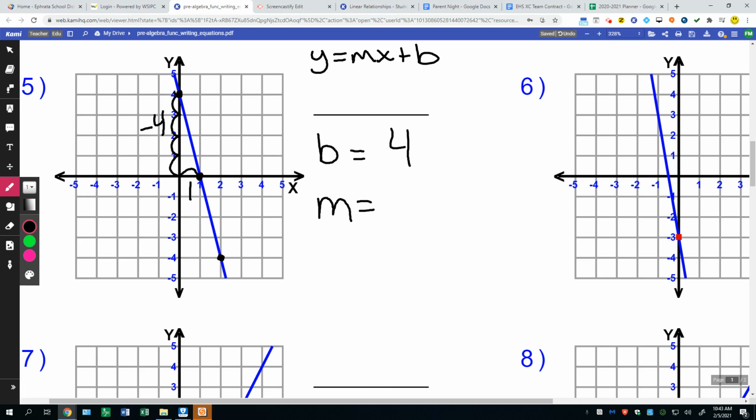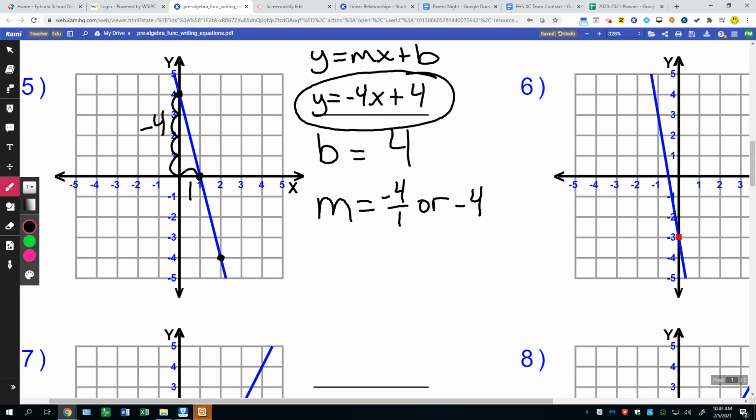That makes it so that I have a ratio of -4 to 1, or using my supreme math skills, I can simplify that to a slope of -4. Okay, so now all I got to do is substitute it in. y equals mx plus b, or my m is -4x plus a +4.